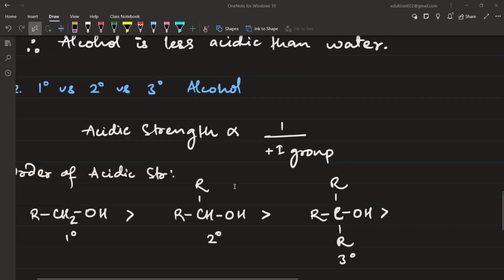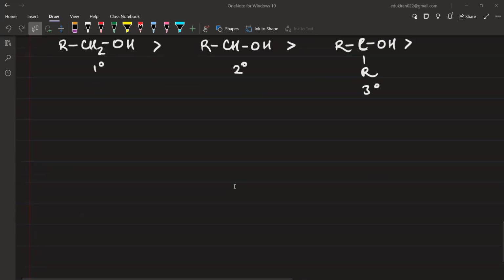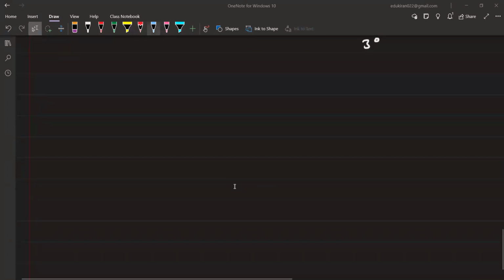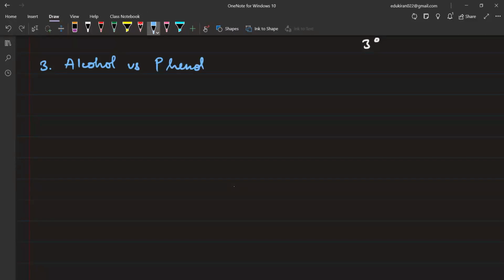The third one is alcohol versus phenol. Now, we have already seen alcohol's case.